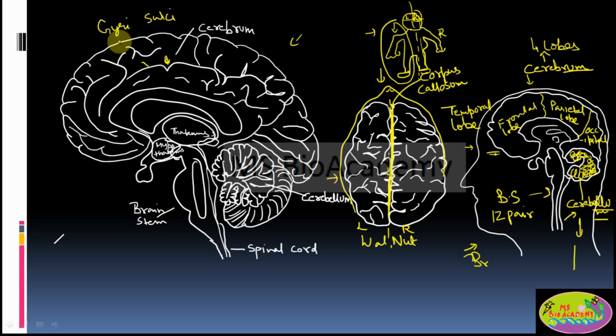Now why are these foldings required? Because you know the brain is made up of millions of neurons, and neurons are required for passing signals from one end to another throughout our body, and also inside the brain. The brain requires lots and lots of neurons.